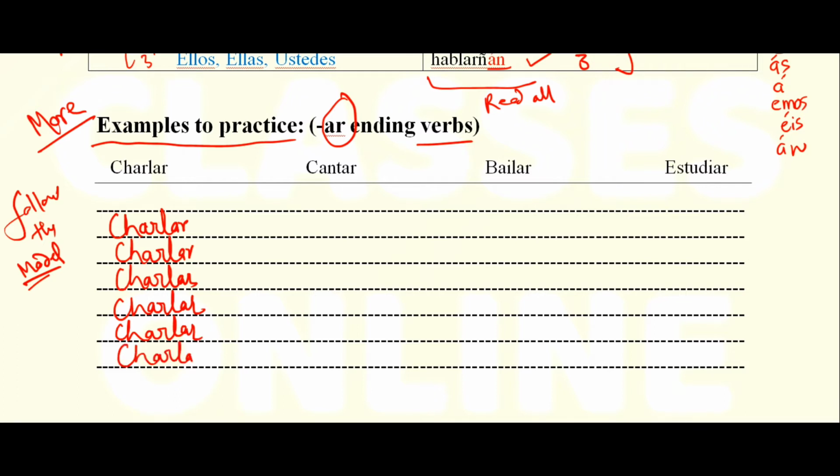Now we add the suffixes: é, ás, á, emos, éis, án. Okay, done. So this is charlar.